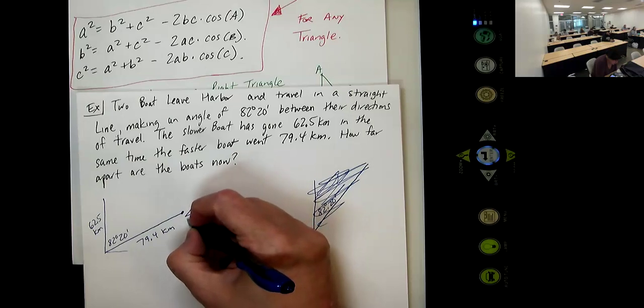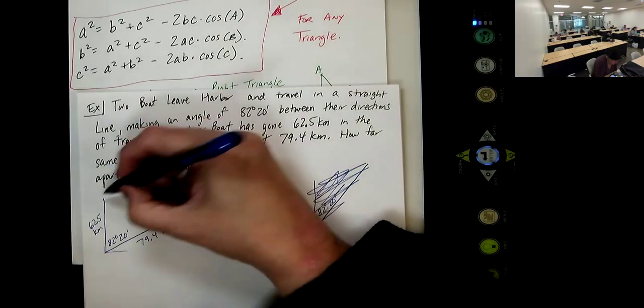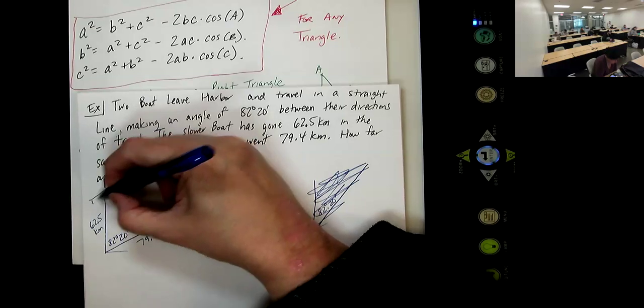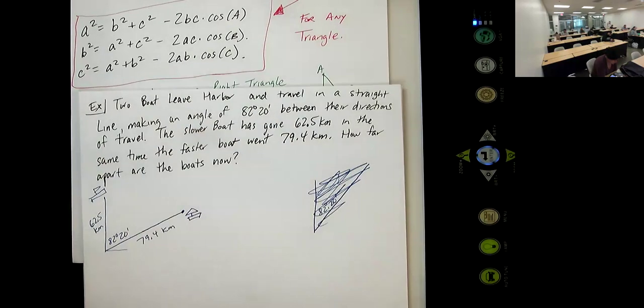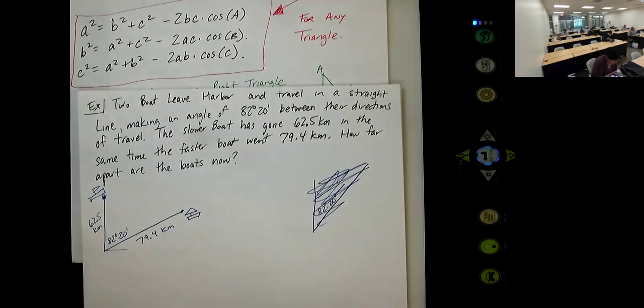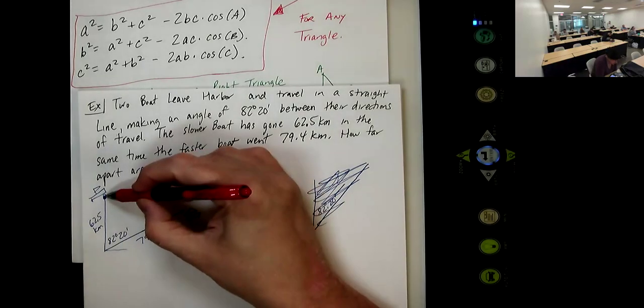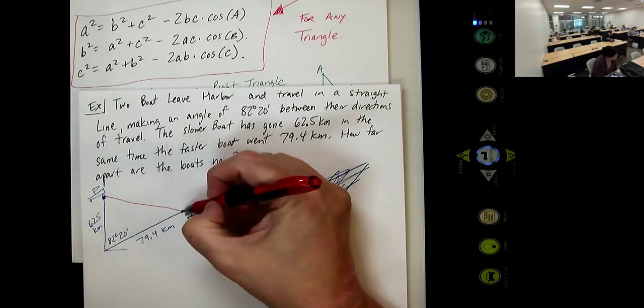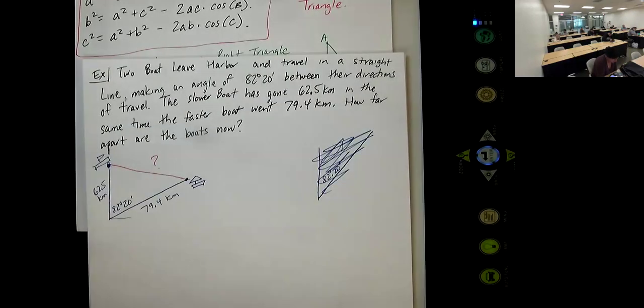So this boat's over here, and this boat's over here. And we wanna know how far apart they are. So this is the unknown quantity.